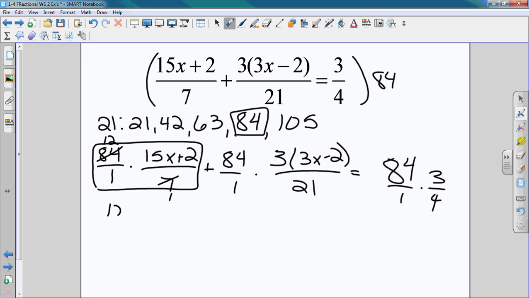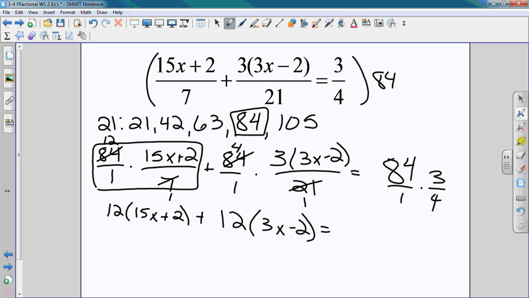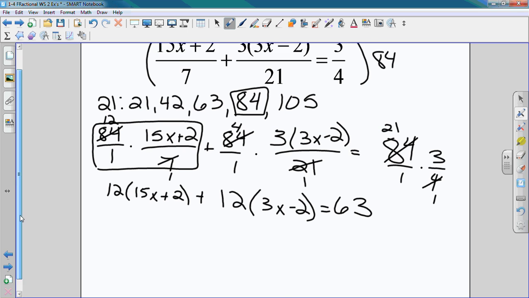So I have 12 times 15x plus 2 plus, cross reduce, 1 and 1, 2, 3, 4. So I have 4 times 3 is 12. 3x minus 2 equals, cross reduce, 21 times 3 is 63. There's your equation.